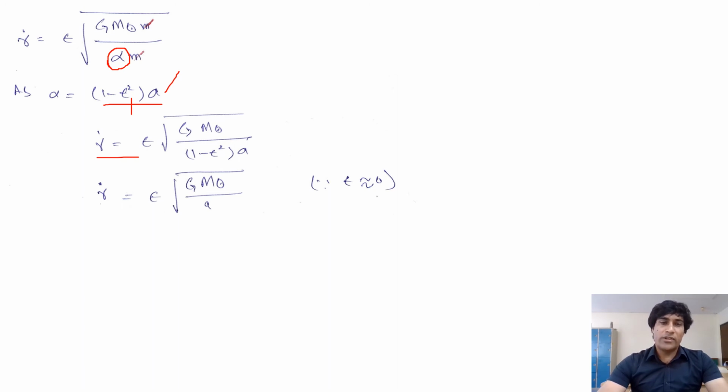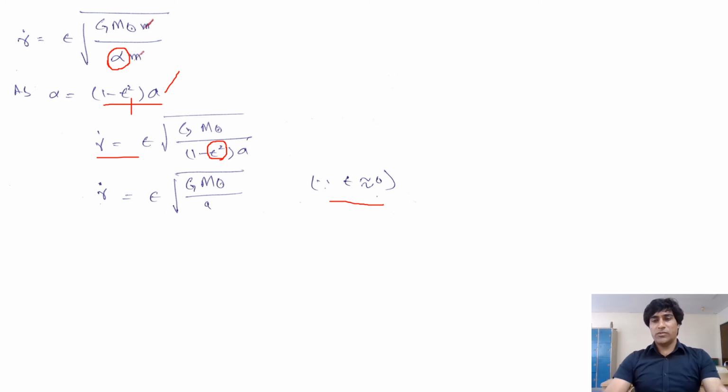But e is equal to 1 over 60, as given, so we assume it is approximately equal to 0. If e is 0, we have the simplified relation r dot equal to e times square root of capital G capital M over a.